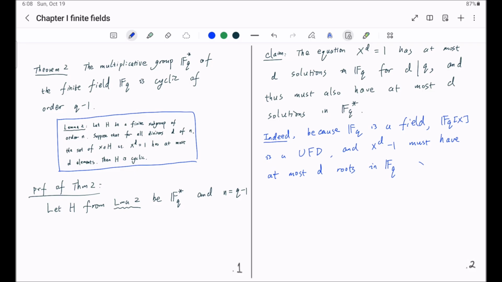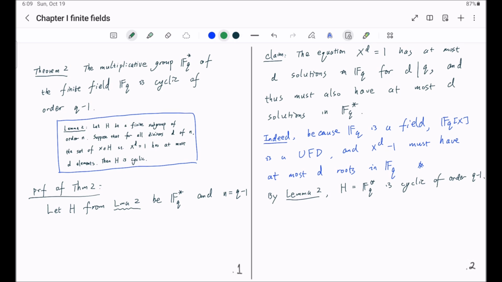And this verifies the claim. Now, by our lemma 2, we know that H, which is now F_q star, must be cyclic of order q minus 1.